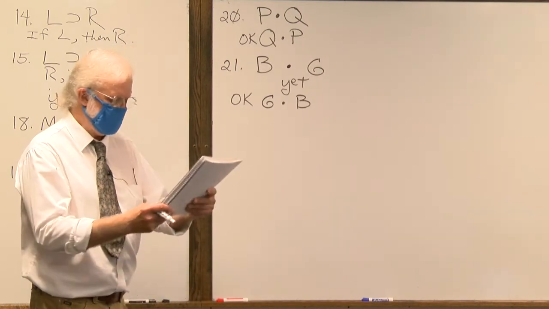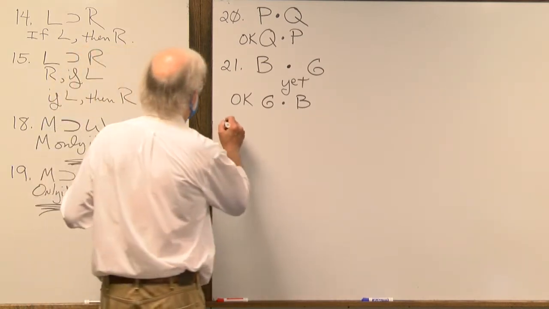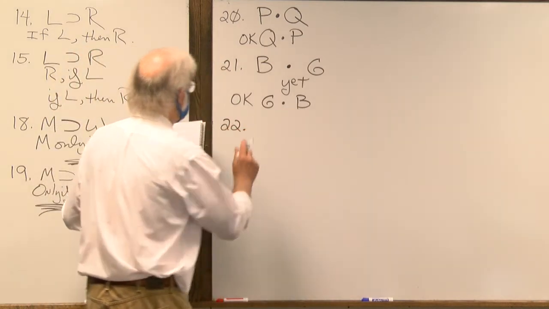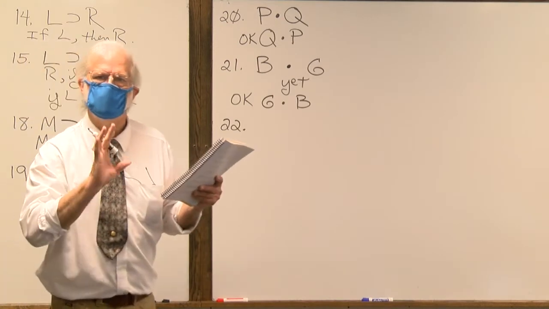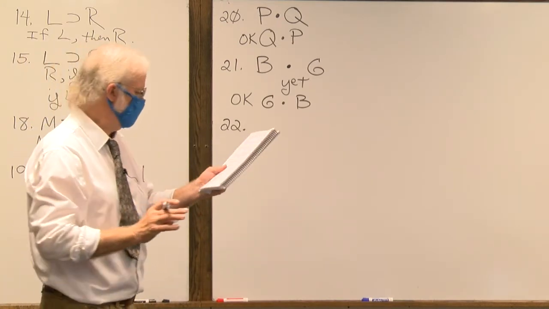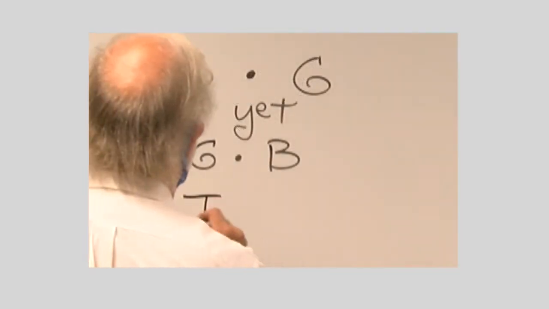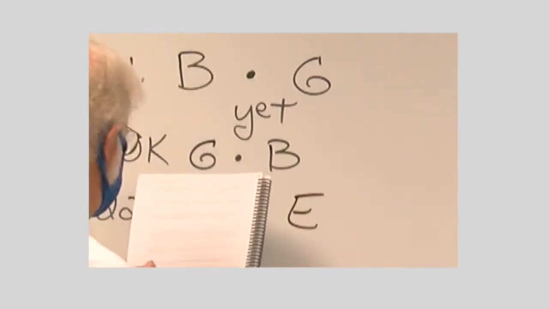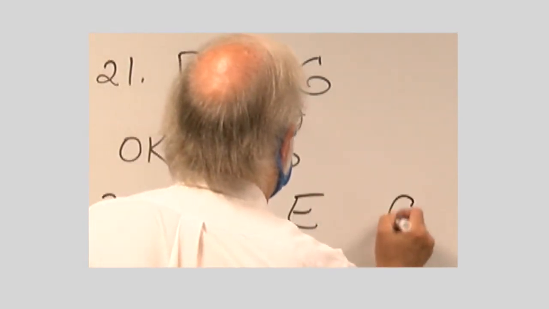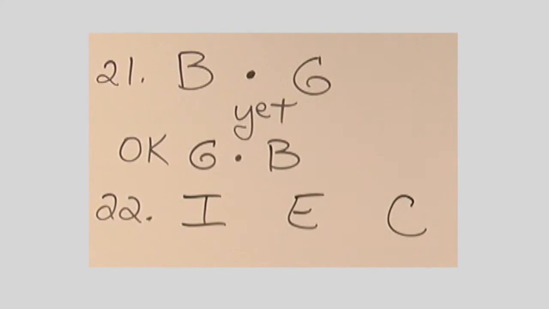One way that we can do this is to put down the order of the letters. Ireland, I, England, E, and conflict, C, and then put in the connectives.